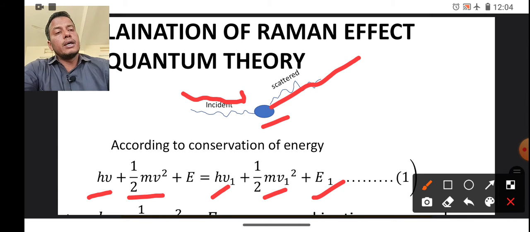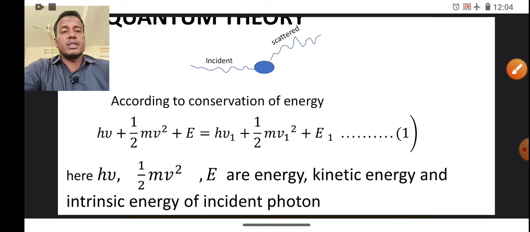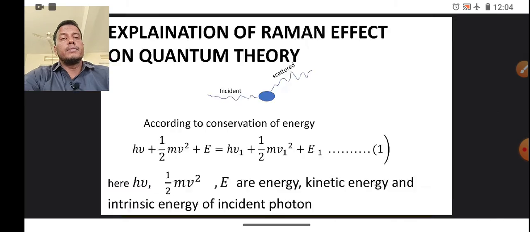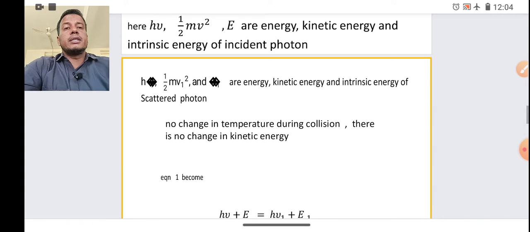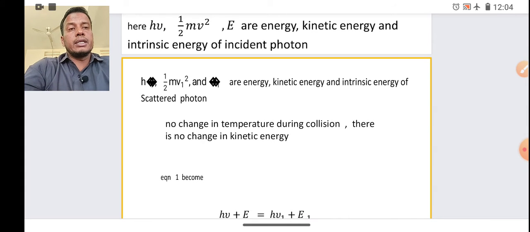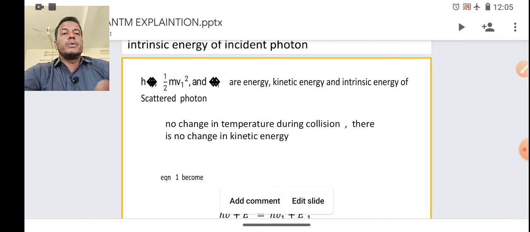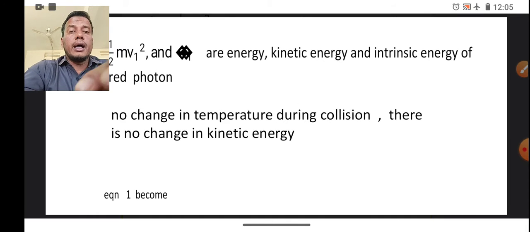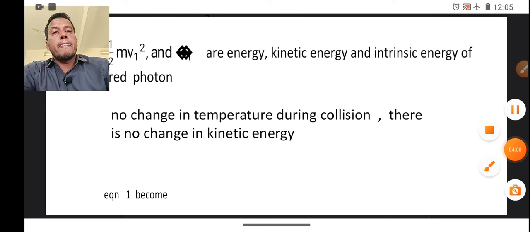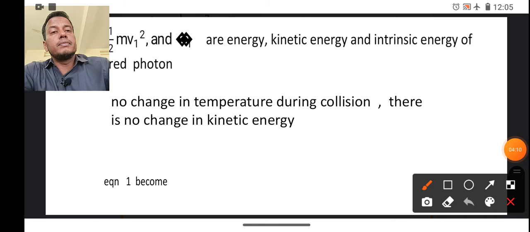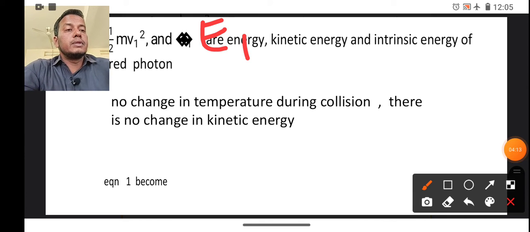Here h nu and half m v square are the photon energy and kinetic energy of the incident particle, and h nu 1, half m v 1 square and E 1 are those after scattering.